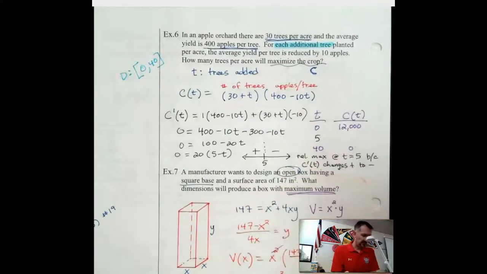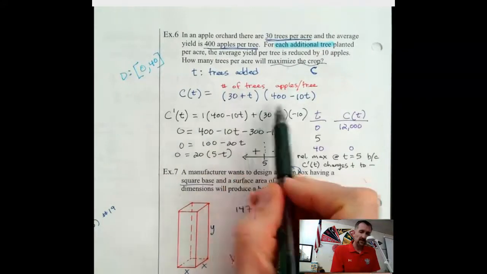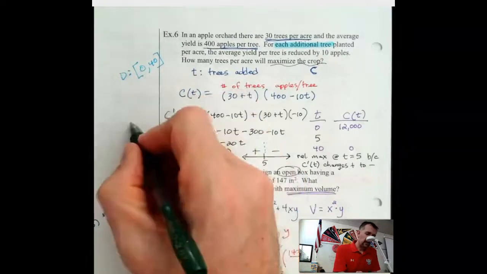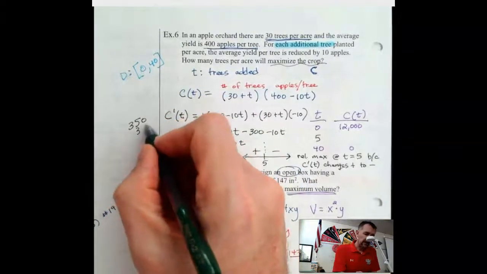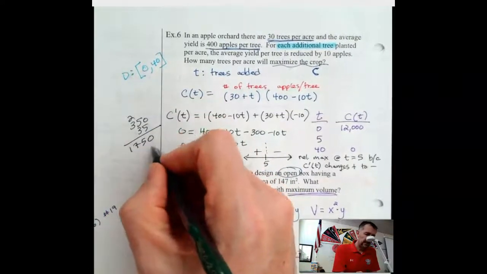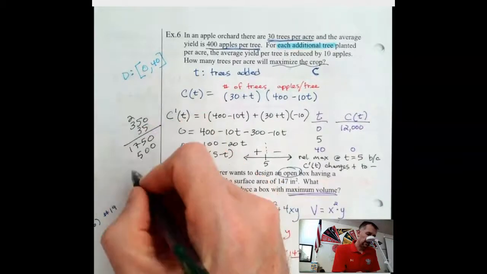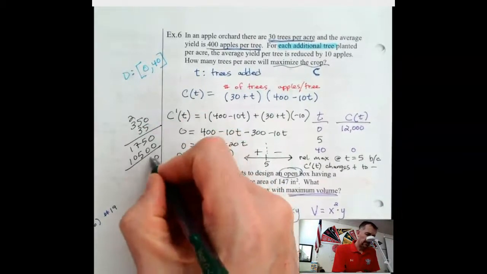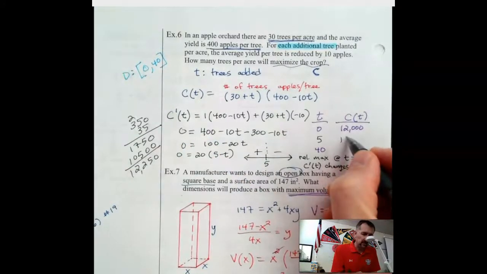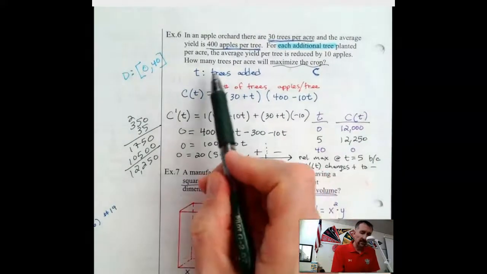So we can plug a 5 in here, and if we plug in 5, that's going to be 35 times 350. 350 times 35. That's 12,250 apples. So how many trees per acre?